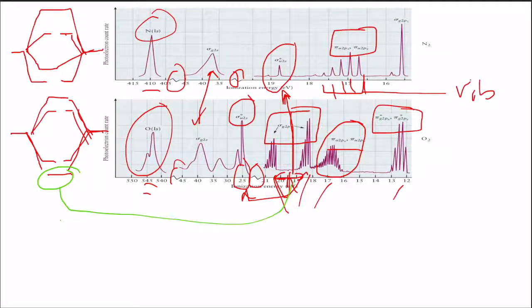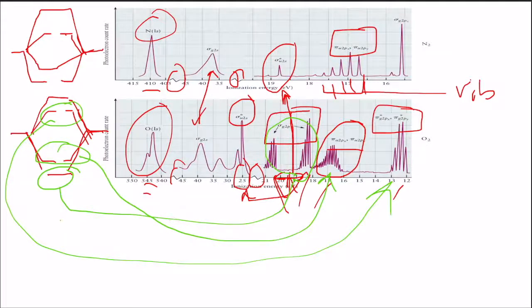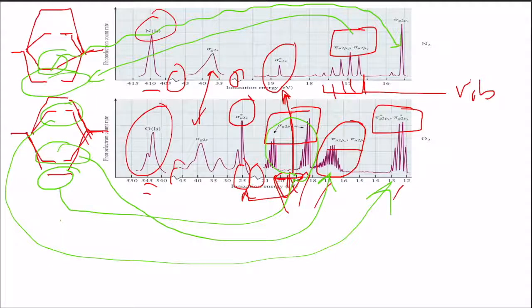That one is here. And then we have the pi bonding, which is this one, and then we have the two electrons that would be here. Now for nitrogen, we start with the pi, which would be this one, and then we will have the sigma g 2pz.